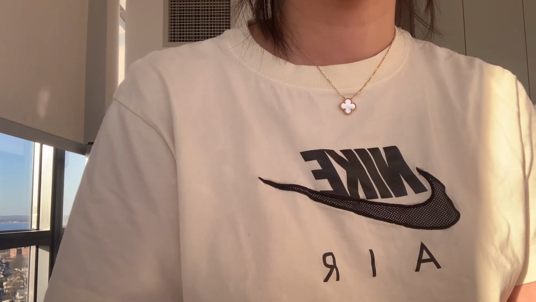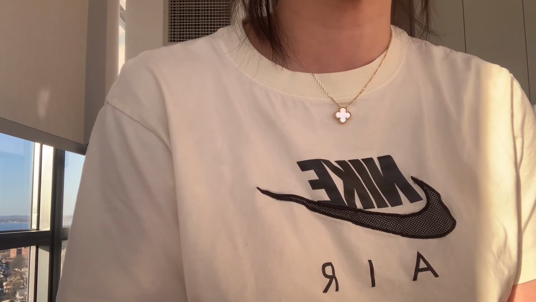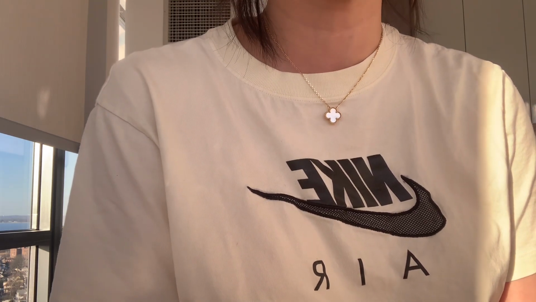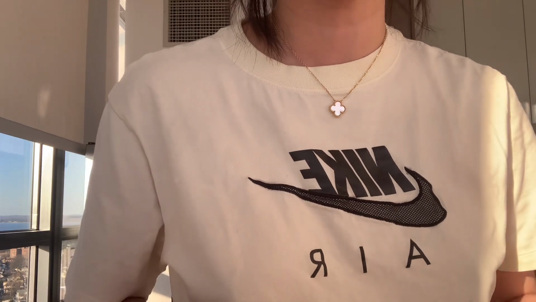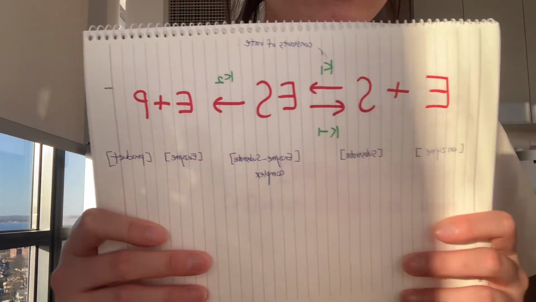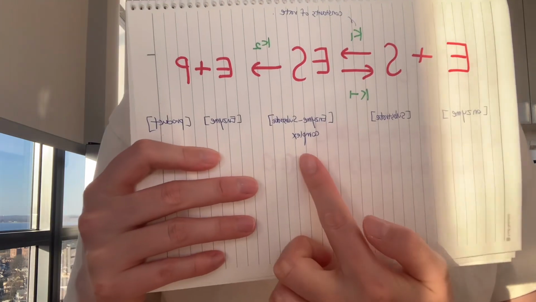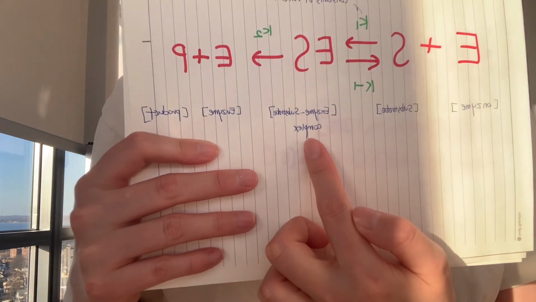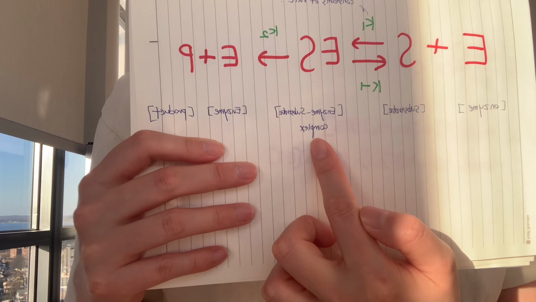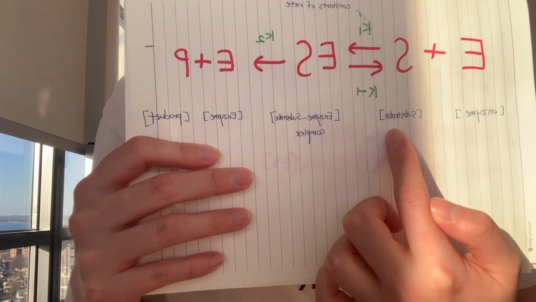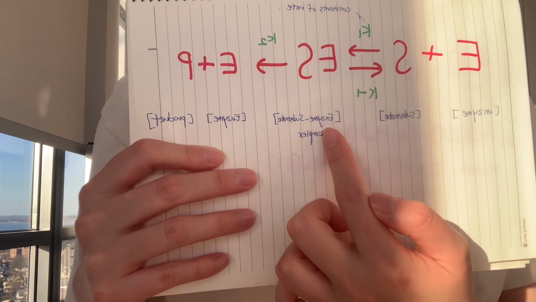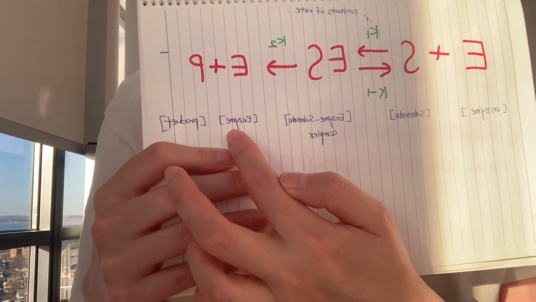Step one, reaction scheme. We start with an enzyme E binding to a substrate S to form an enzyme substrate complex ES. Can you see it? This complex can either break down into E and S, or proceed to form the product and enzyme.